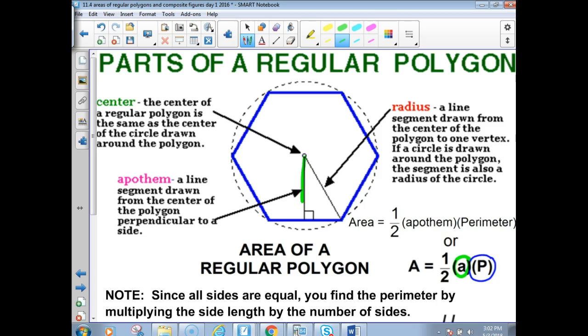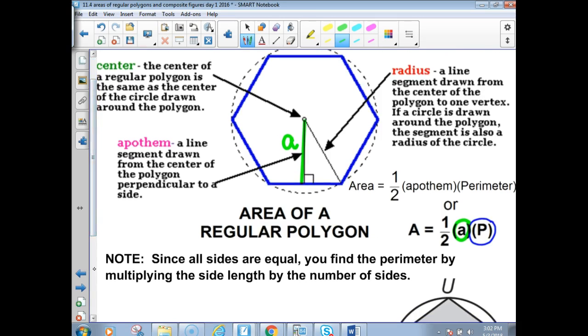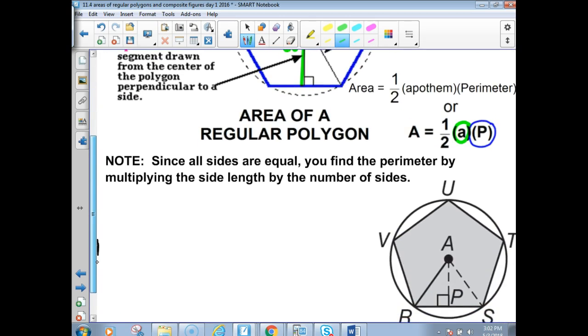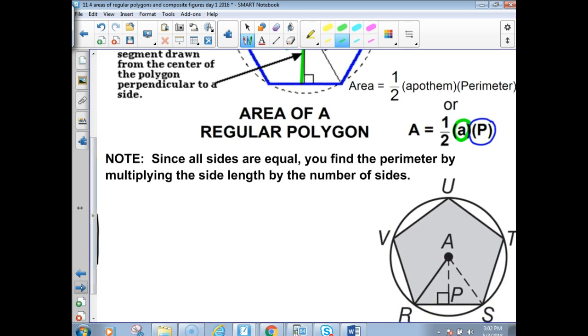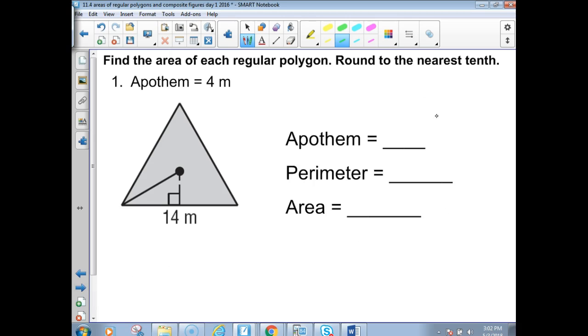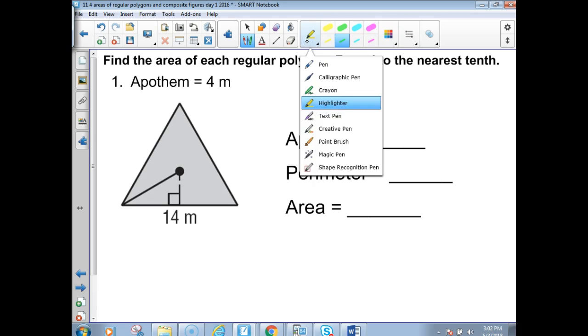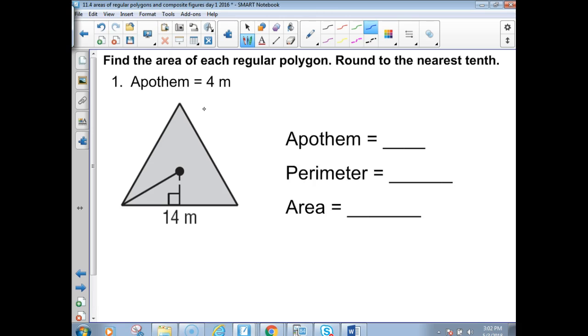Anyway, here's your apothem, little a, and then you take that times the perimeter and divide by 2. You can always do the perimeter of the figure by multiplying the length of a side times the number of sides. All right, so let's go for number 1. Apothem, it says, is 4 meters.